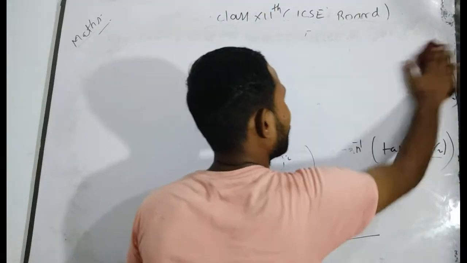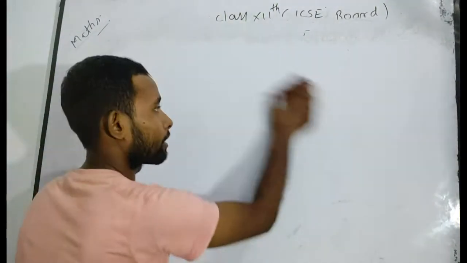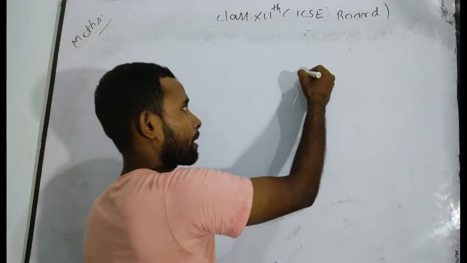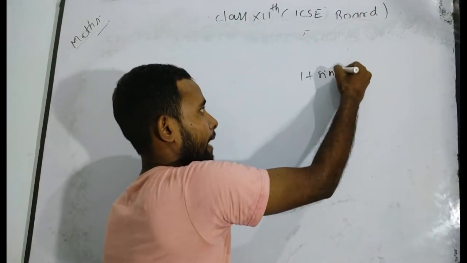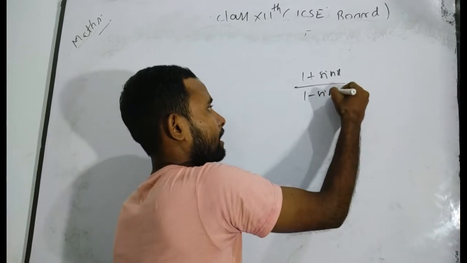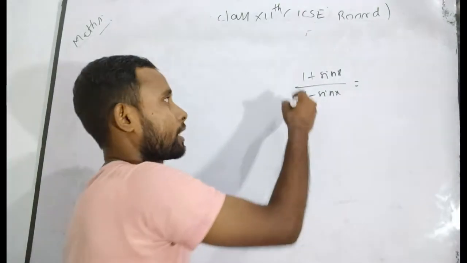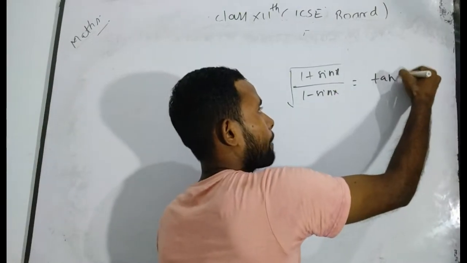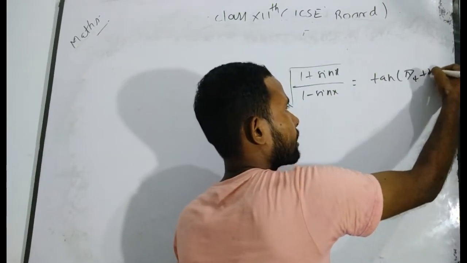And I will tell you one factor also. Try to remember: the square root of (1 plus sin x) divided by (1 minus sin x) is equal to tan(pi/4 plus x/2).